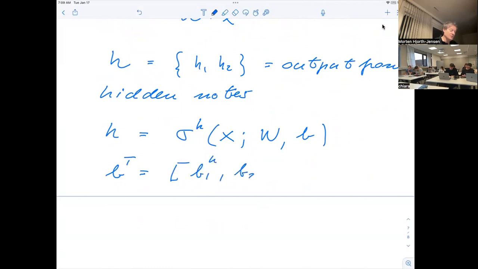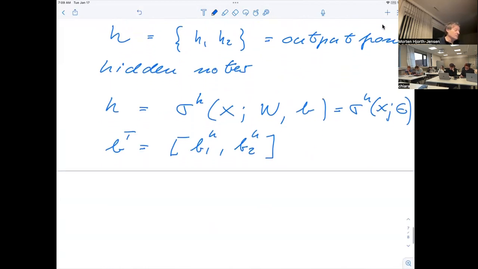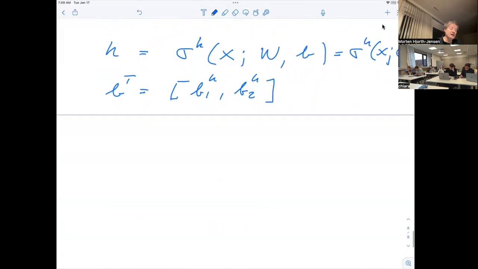These are the unknown parameters, and we would often write this as a sigma for the hidden layer, which contains x, and then we have the unknown parameters in this collective container theta. And this now produces an output from the hidden layer.